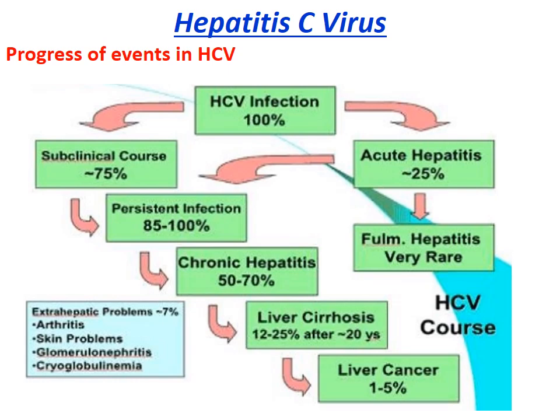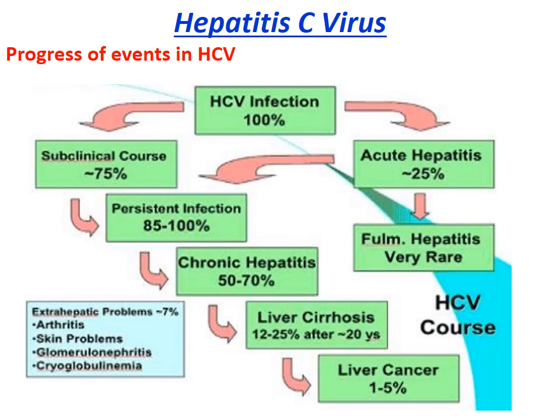Persistent infection will lead to chronic hepatitis in 50 to 70% of the cases, and after about 20 years it will be responsible for producing liver cirrhosis. 12 to 25% of cases develop liver cirrhosis, and among these 1 to 5% will get liver cancer, and 2 to 5% can have other end stage liver diseases like renal failure.